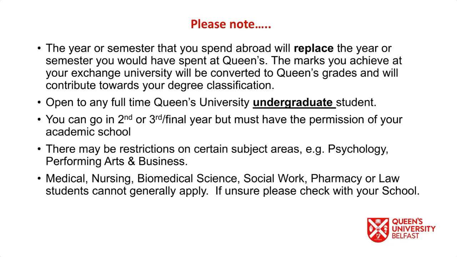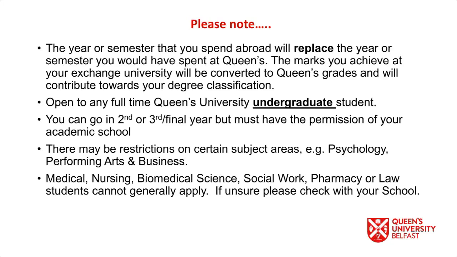The programme itself is open to any full-time Queen's University undergraduate student, and usually you can go in 2nd year or 3rd year or final year, but you must have permission from your academic school. There may be restrictions on certain subject areas, and a couple of examples there, the likes of psychology, performing arts and business.